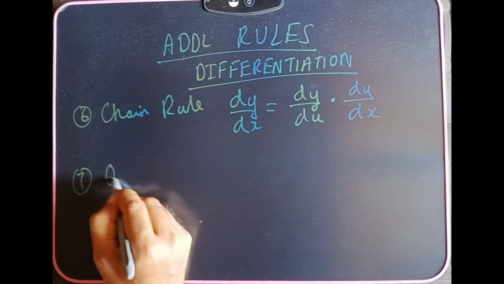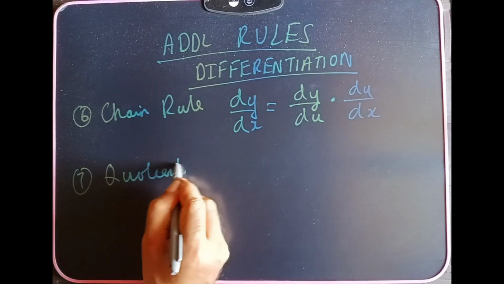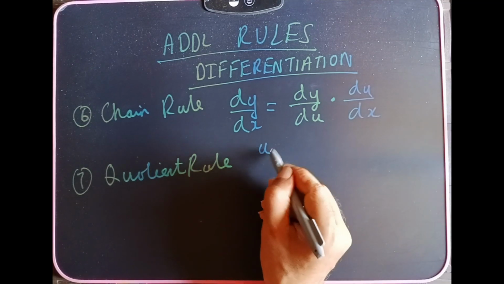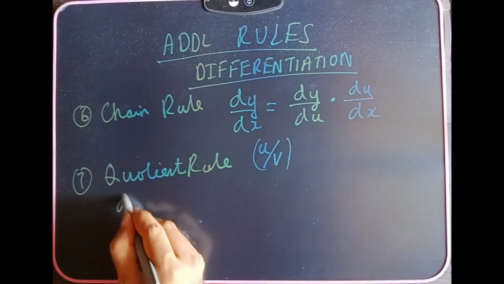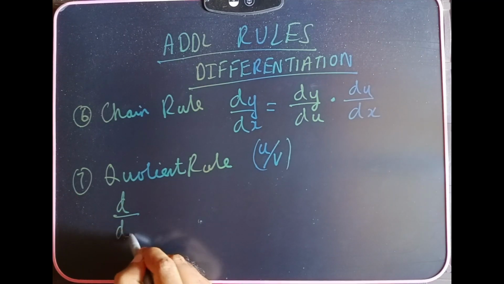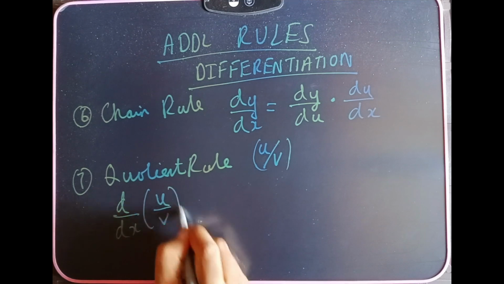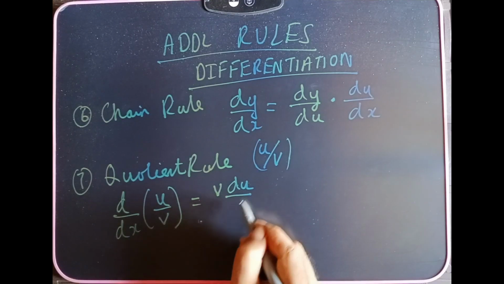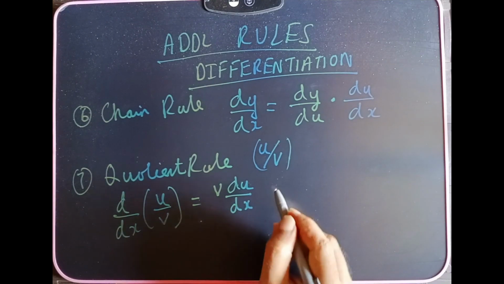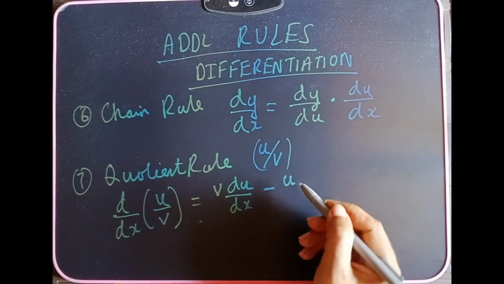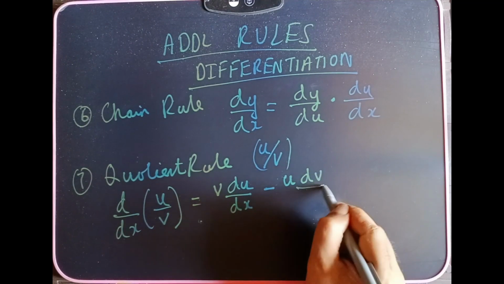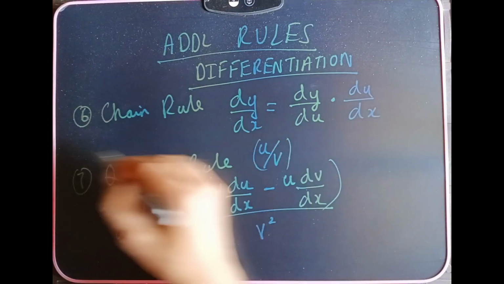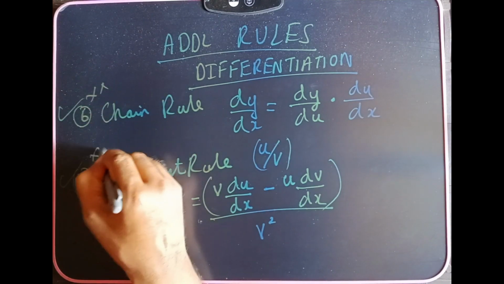And the last rule which we have studied is the quotient rule. This is the division. If we have a function u by v, then the derivative of this function is written as: first we take the denominator times the derivative of the numerator with respect to x, then minus the numerator times the derivative of the denominator with respect to x, and the whole thing over v square. These are the two rules we have studied in this particular video.